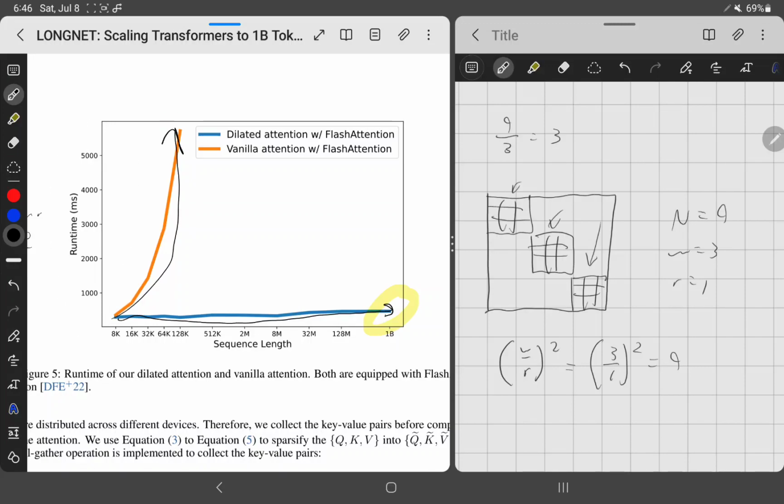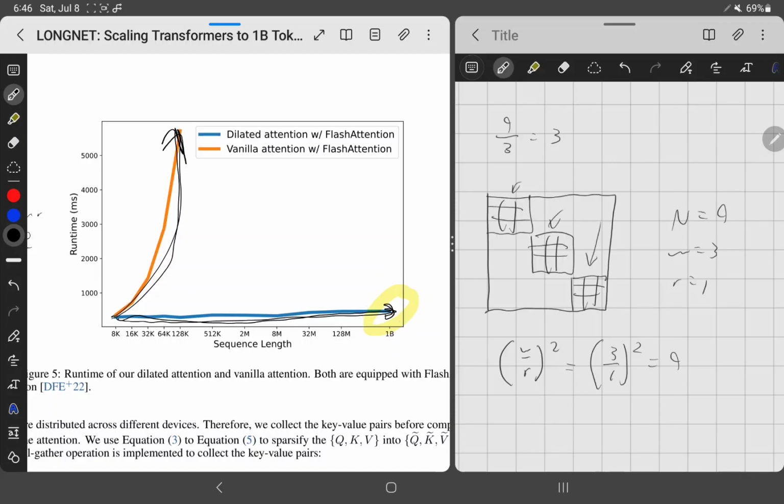And notice this is not a log scale, it's a normal scale. This one does increase linearly, and this one does increase quadratically. So that's all I got to show you for the billion tokens. They don't have any scores to show how it performs, but they show that it can go to a billion tokens, which is kind of cool.